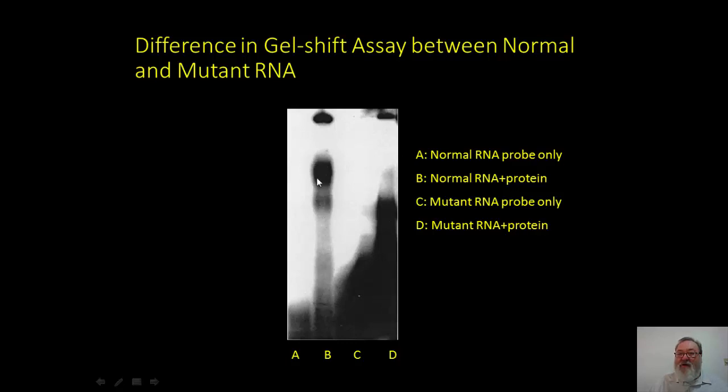And you see that there was binding present here. And if we took the mutant RNA and protein, you did not see the same kind of a binding pattern in the mutant RNA as with the normal. And we found this both in normal and mutant hearts, but the mutant RNA was not able to bind with those proteins in either case.